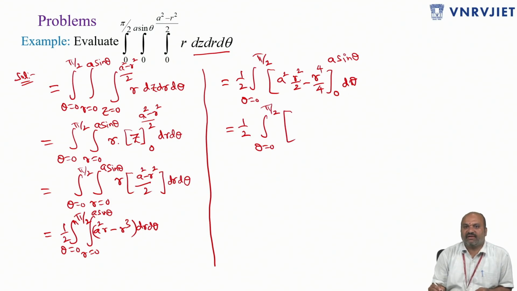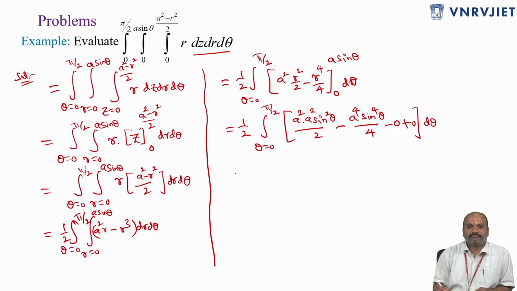Substituting the limits, instead of r, a sin theta, and the lower limit is 0. It is a square into, with r equals a sin theta, a square sin square theta divided by 2 minus a power 4 sin power 4 theta divided by 4, minus the substitution of the lower limit. It is r equals 0, no contribution of the lower limit completely, d theta.